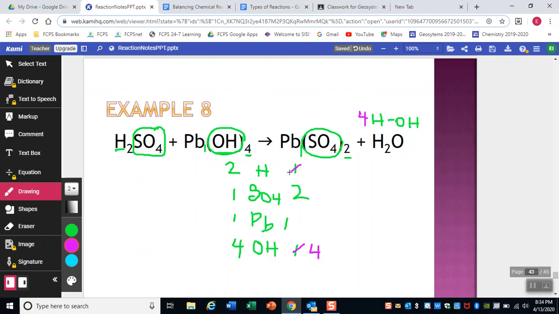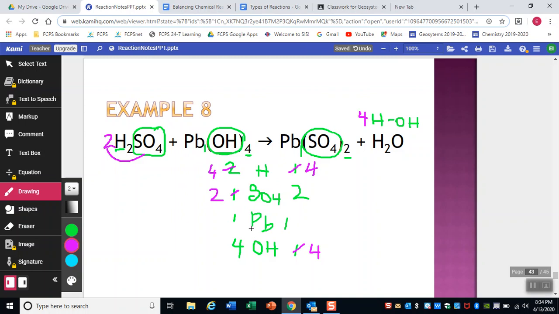So I need 4 hydrogens on the other side. So I can do that by putting a 2 in front, right? 2 times 2 would give me a 4. Okay, and then that also gave me 2 sulfates, so that's good.